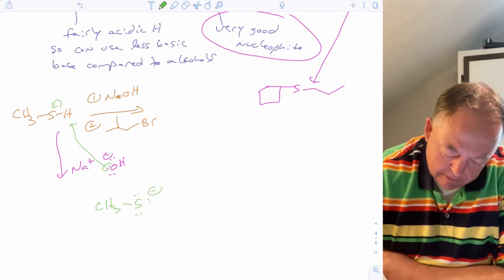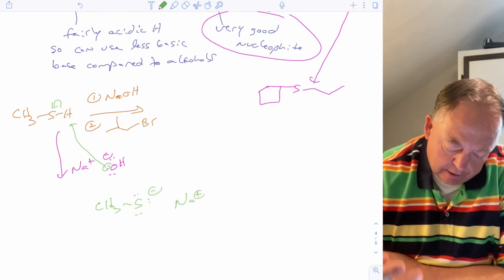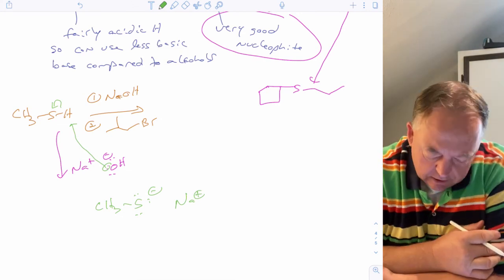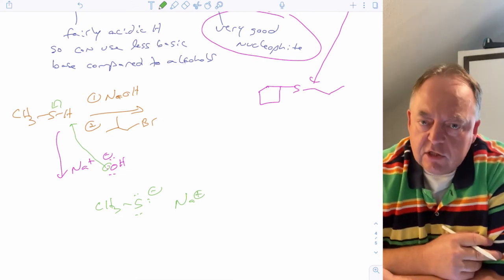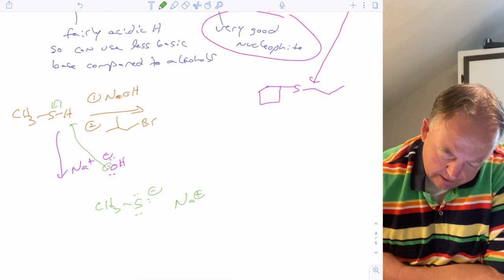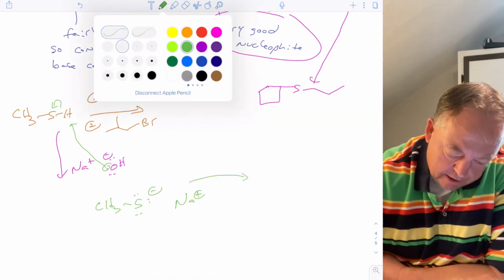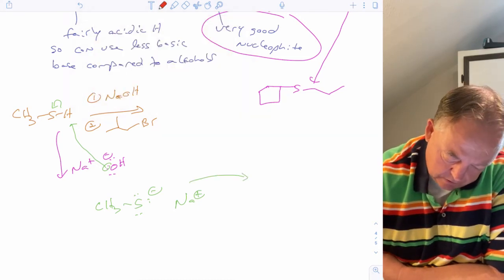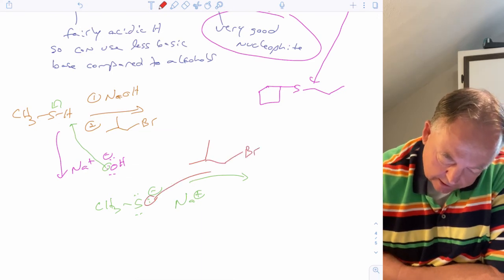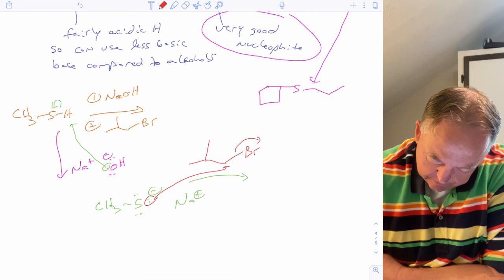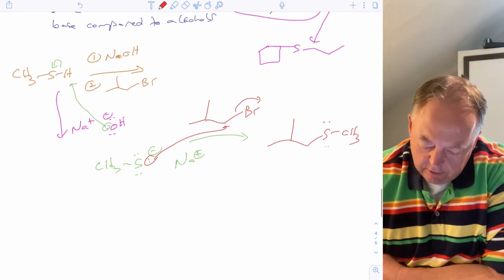So now you have an S minus, and its cation would be Na plus, but the sodium's not doing anything, right? It's just a spectator ion. And then you take that and react it with the alkyl halide. So sulfur will attack here and kick the bromine off. And you would make that ether.